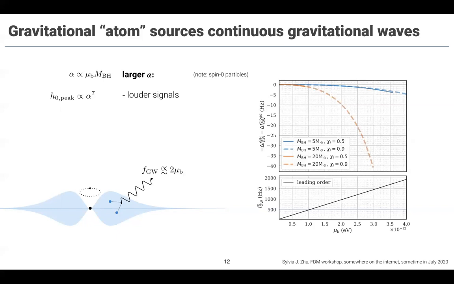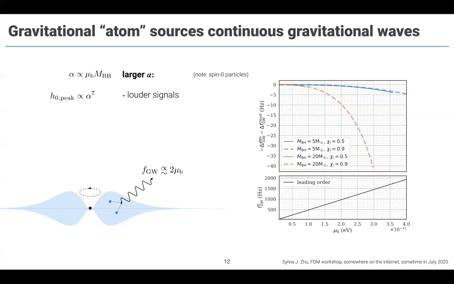So the gravitational wave frequency is going to be proportional to twice the boson mass to leading order, although there's going to be a few percent correction depending on things like how massive your black hole is, because a more massive black hole is sort of gravitationally redshifting your signal. So depending on how massive your black hole is and a little bit how fast it's spinning, that's going to change the gravitational wave frequency slightly.